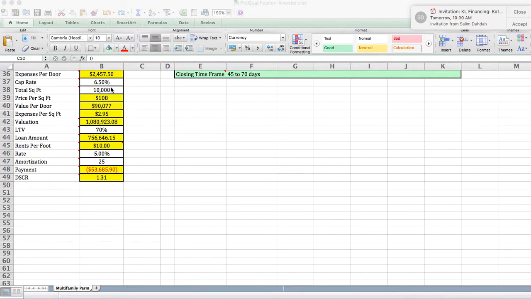Capitalization rates really take into account the location. They take into account the condition of the property and the geographic market. A lot of different variables come into play, and the market usually dictates what that will be. It's really a function of supply and demand.